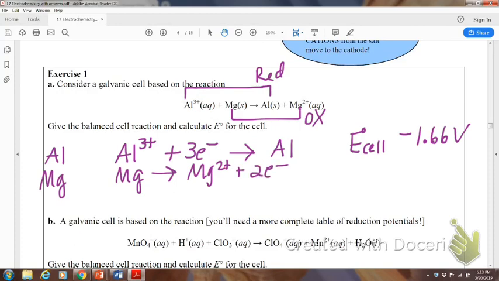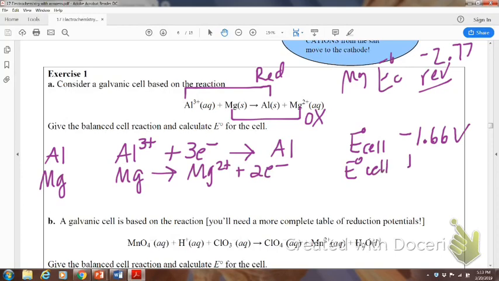So when we look up that value, if we look it up straight off the table for magnesium, it's going to be as a reduction, okay? And so it's going to say a negative 2.37, but because we reversed it, we have to change the sign. So we reversed, so we're going to say E cell is positive 2.37.